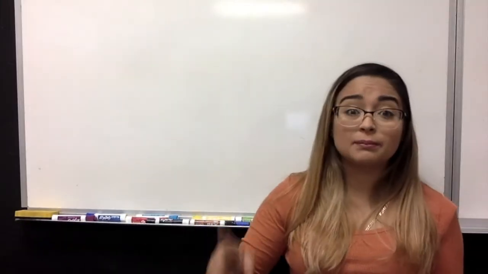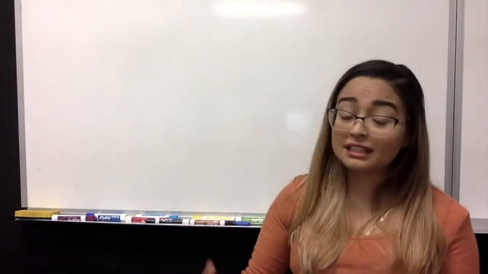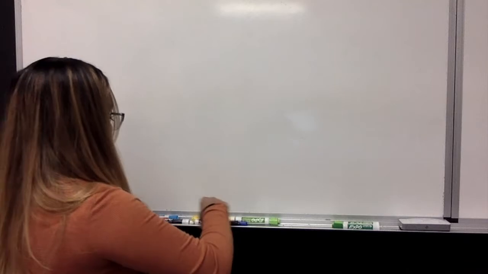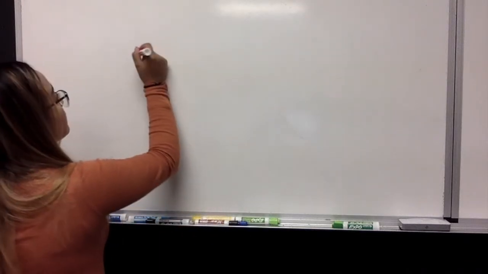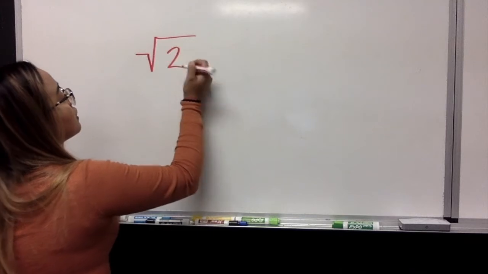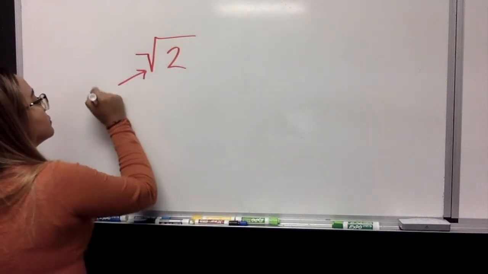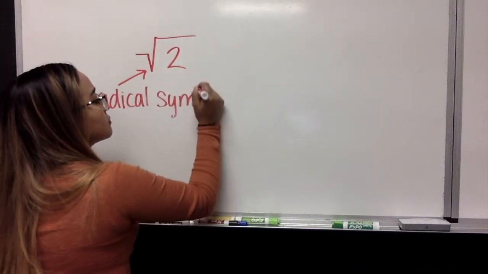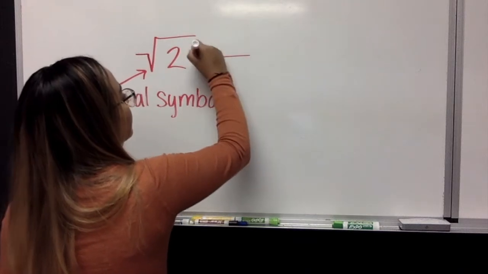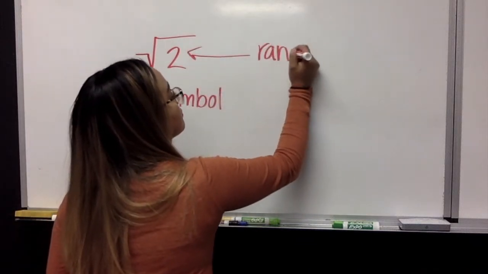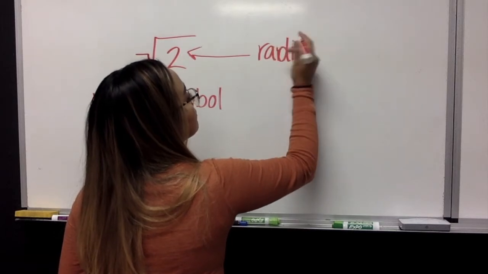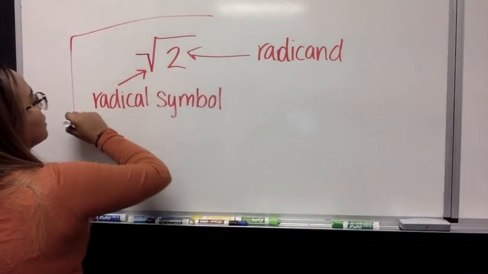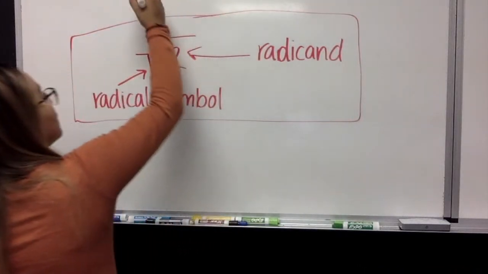Concept number 2 was about real numbers and the number line. In this concept, we also learned about square roots, and math terms such as the radical symbol, the radicand, and how all this is called a radical.